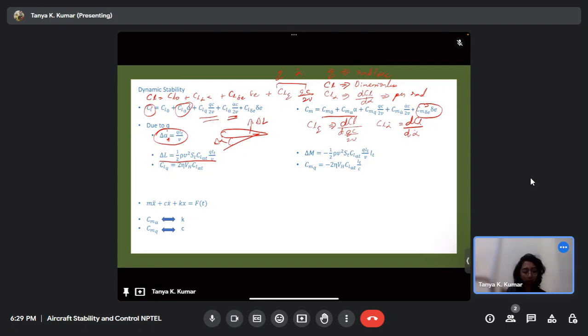According to our convention, pitch down is negative. So, due to an increase in lift at the tail, will it produce a pitch down or pitch up motion?